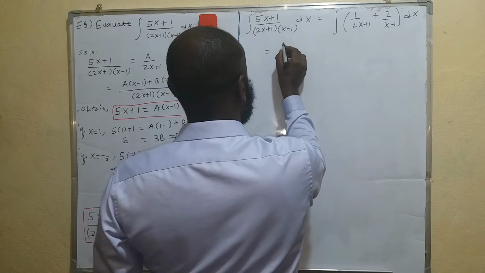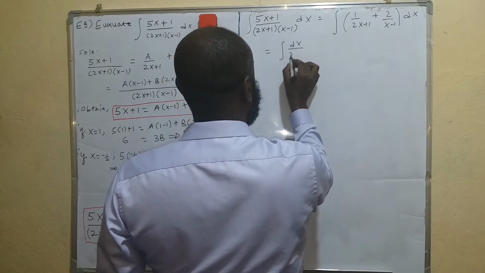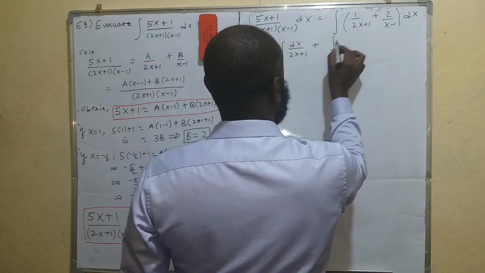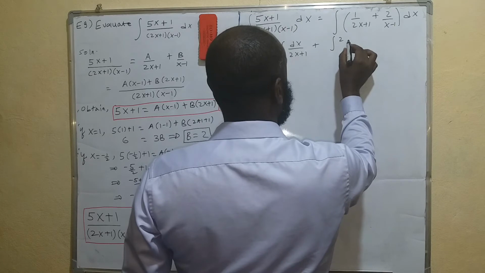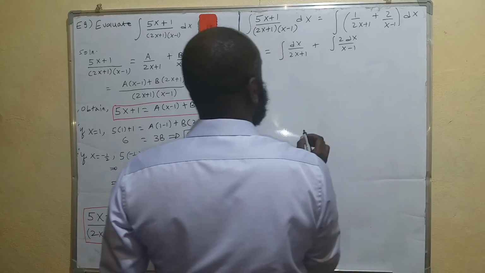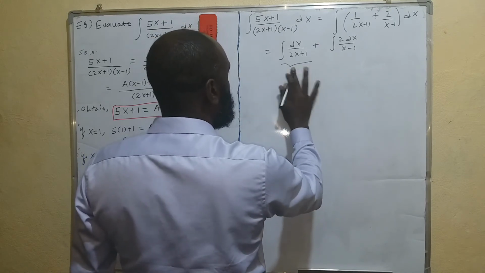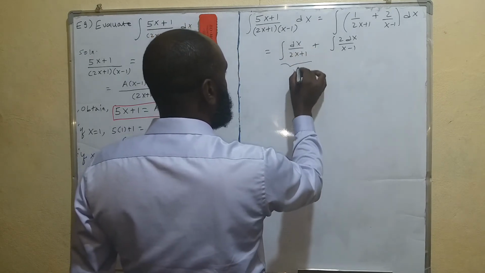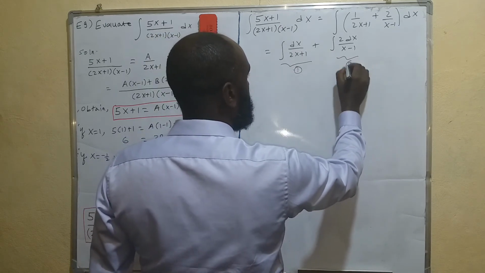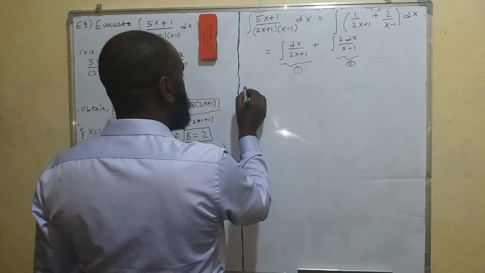This is equal to the integral of dx over 2x plus 1 plus 2 dx over x minus 1. So we have two integrals to work on. One is this, the second one is this one. Let's solve one by one. Let's start from 1.